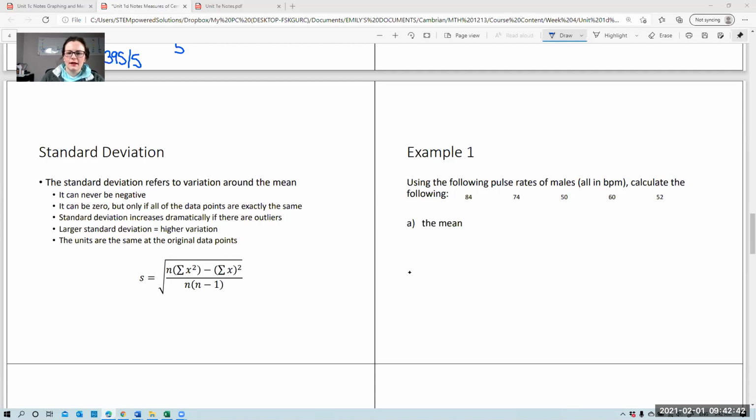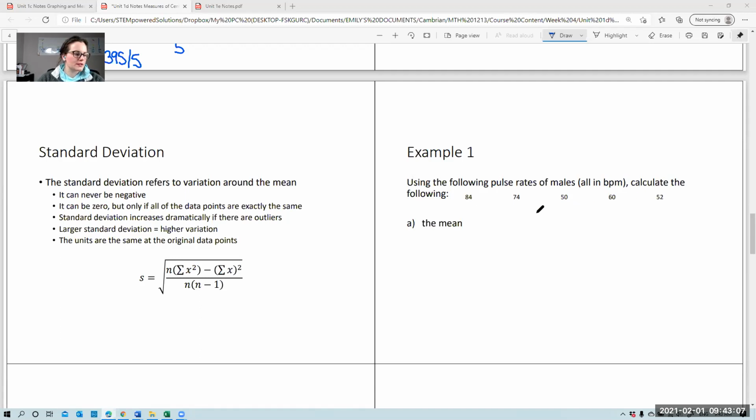Okay, so let's calculate the mean. Using the following pulse rates of males, all in beats per minute, calculate the following. I'd like you to calculate the mean of 84, 74, 50, 60, and 52.